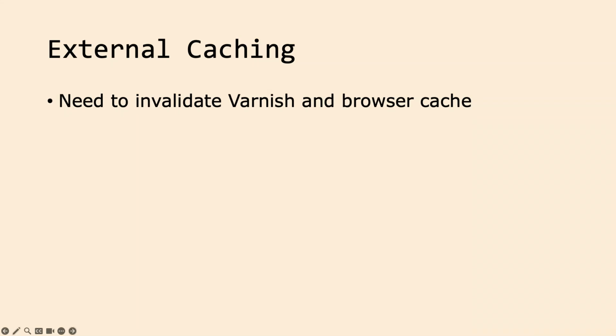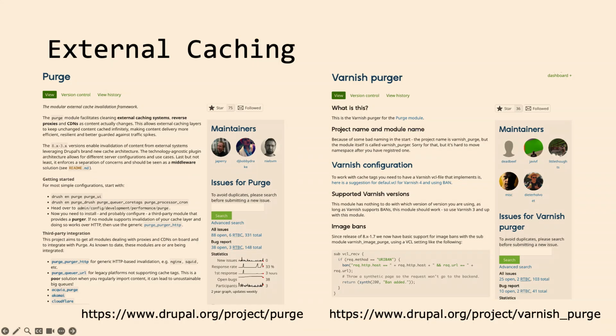But we still have that issue with external caching. So we need to invalidate Varnish. We also need to figure out what to do about browser cache. So we're part of the way there, but we haven't solved it yet. If you're using a Drupal website that's behind Varnish, you probably already have the Purge module installed and the Varnish Purger contrib module installed as well.